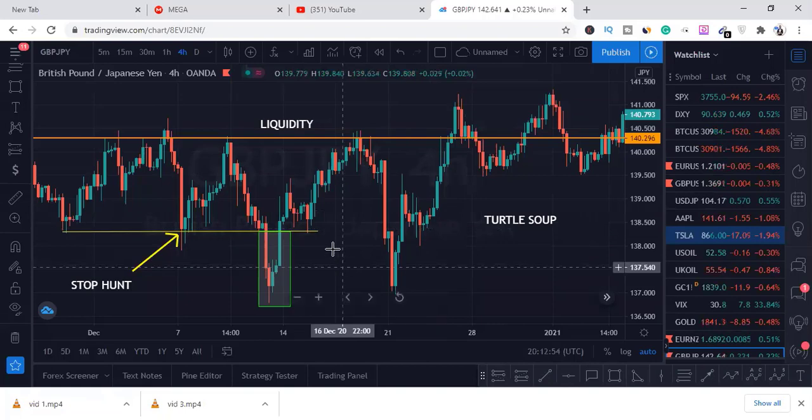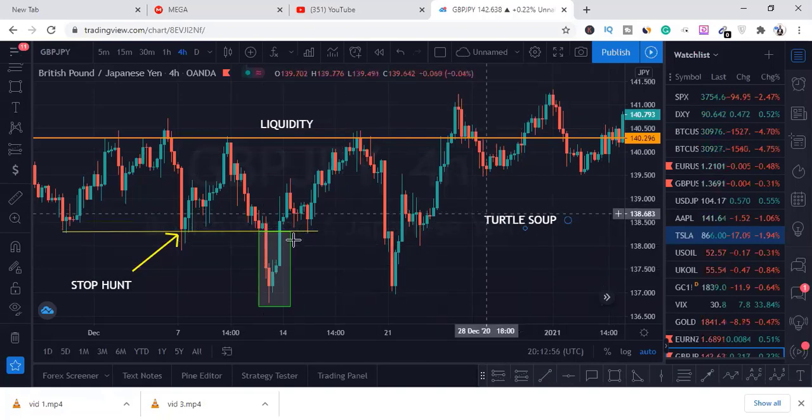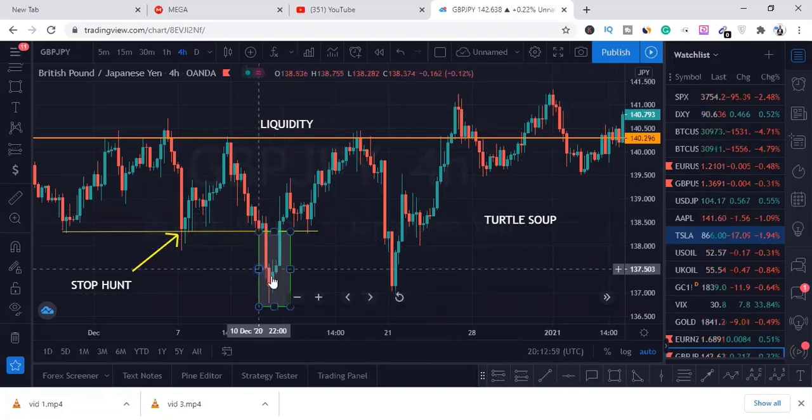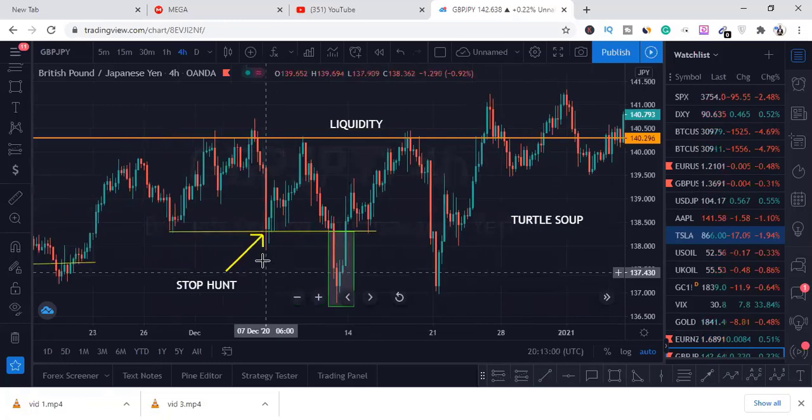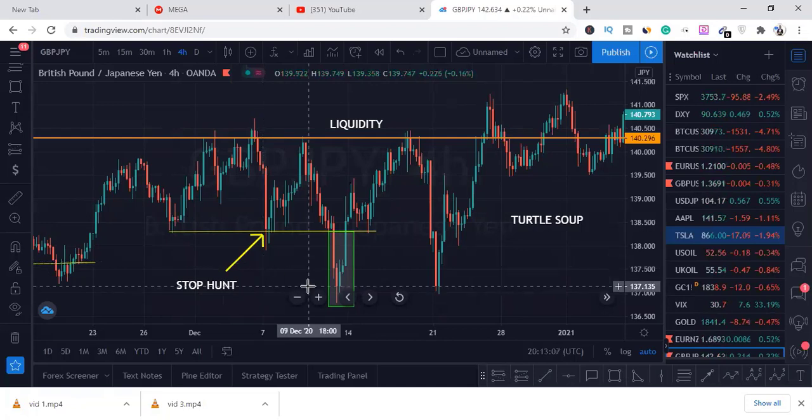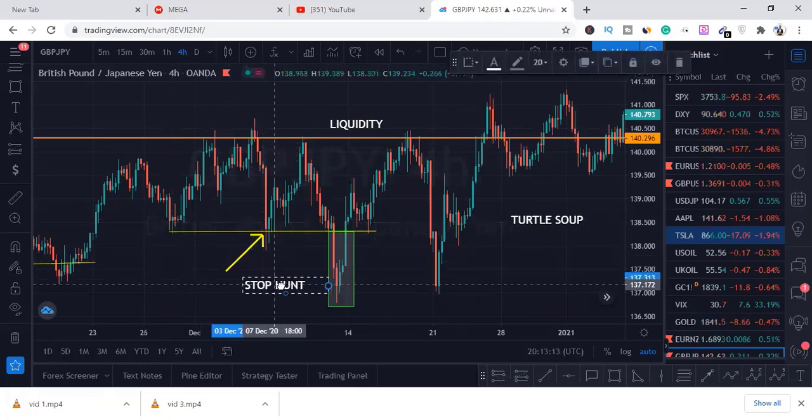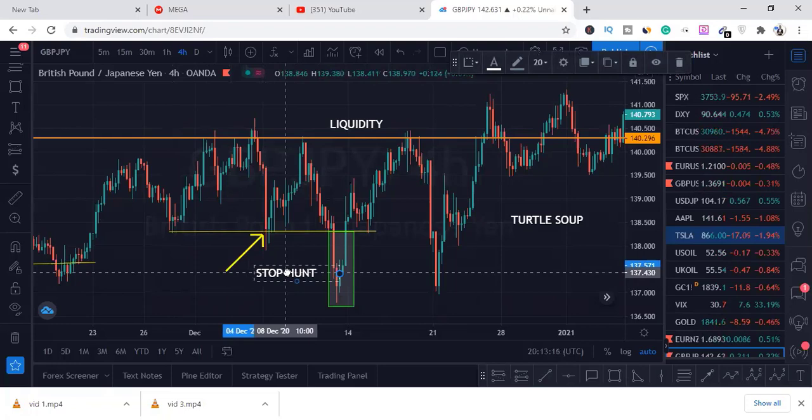So in most cases, guys, whenever you see this turtle soup, then get ready for a buy. It may not be in all cases, but in most cases, you should get ready for a buy. Why? Because the stop hunt has been placed successfully, meaning what the banks were looking for, they have gotten it.